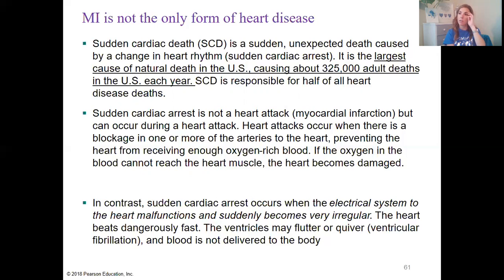It's unfortunate that it also occurs in young kids. Sometimes you see this whenever you have football players who just fall out on the field. So it is a very real deal. Obviously, one of the important reasons for kids to get their school physicals before they get involved in athletics is to make sure that everything is working appropriately like it's supposed to. So this is an electrical system problem within the heart, not necessarily a blockage of a vessel within the heart.